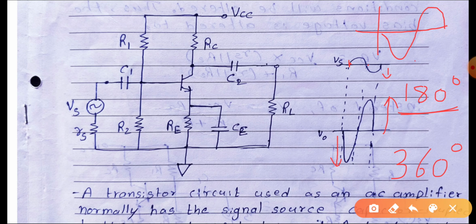So you will not get any phase shift in two-stage amplifier. That we will study in the subsequent lectures. For now you can just consider the concept for single stage CE amplifier, that you'll get a 180-degree phase shift from any single stage CE amplifier. So I hope you all got the concept of phase reversal for the single stage CE amplifier.